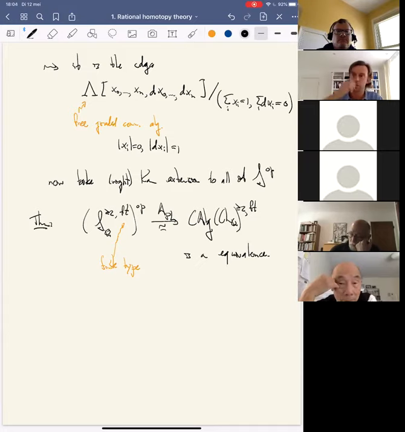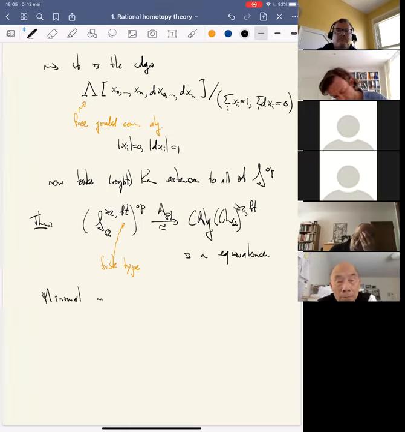Right, so the strength of Sullivan's result is not this particular statement that I'm making here, because in some sense this is also contained in Quillen's statement already. It's the fact that he constructs this very explicit functor that you can get your hands on. And what's more is he came up with the method of minimal models, which is really what makes calculations go. So let me talk about those a little bit.